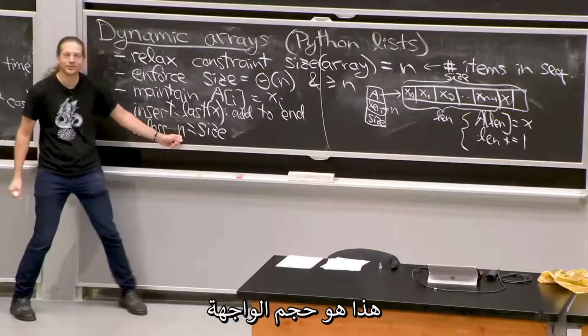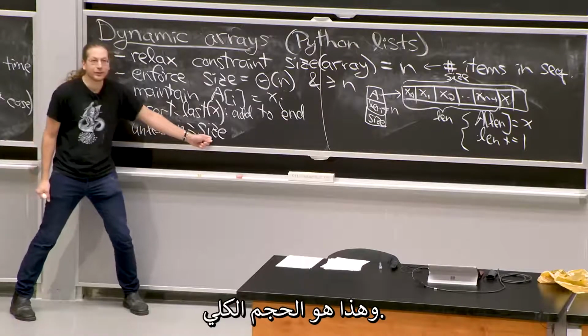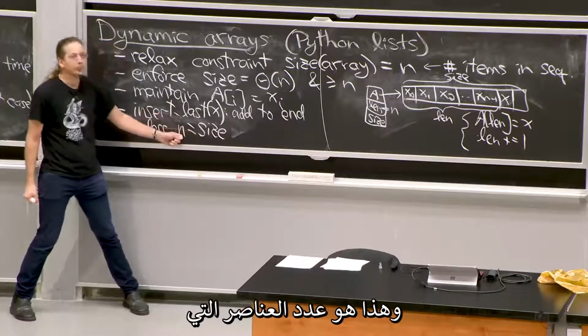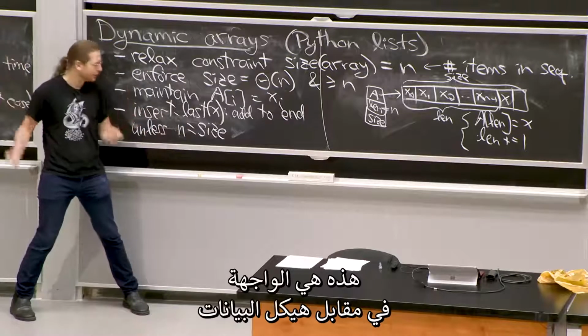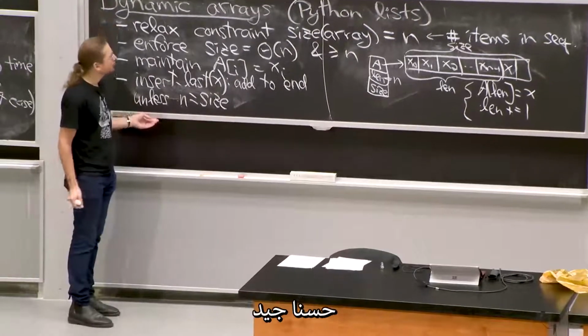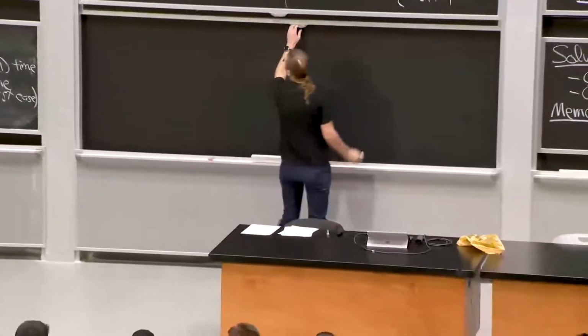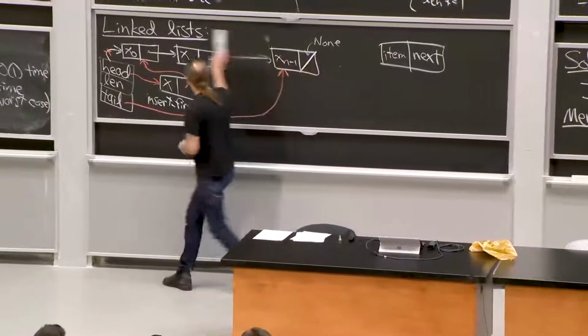This is the interface size. This is what we're trying to represent. And this is the representation size. This is the size of my array. These are the number of items I'm trying to store in that array. Okay, this is the interface versus data structure. Here's the interface. Here's the data structure. OK, cool. What do I do in the case when n equals size?